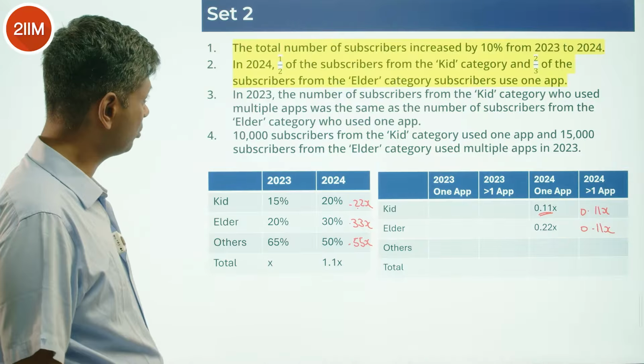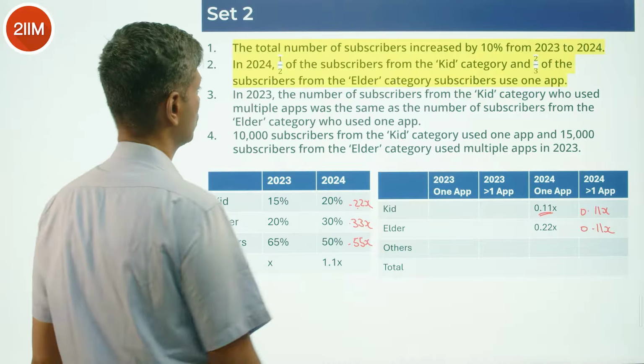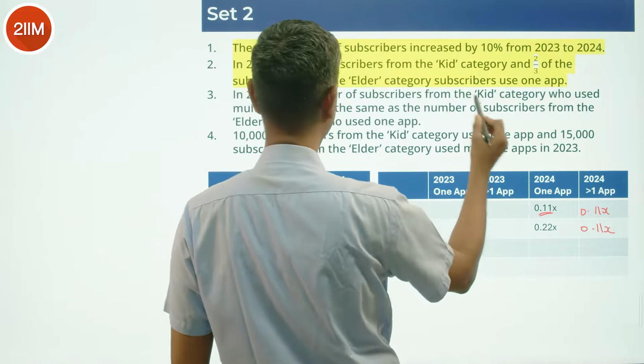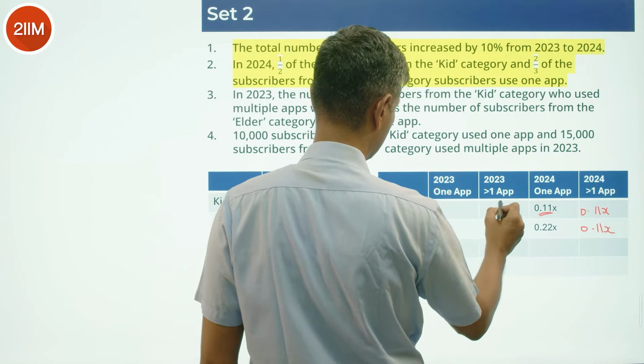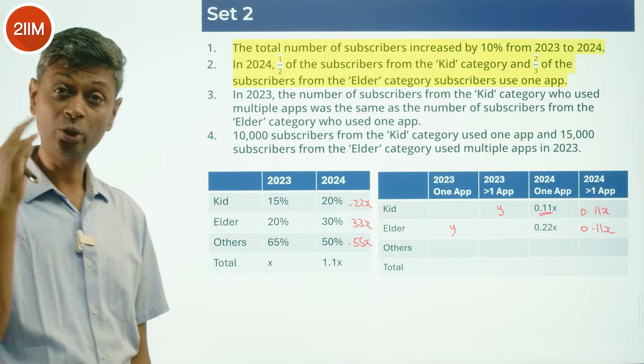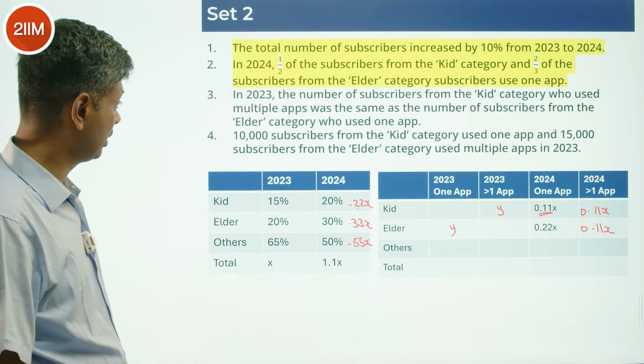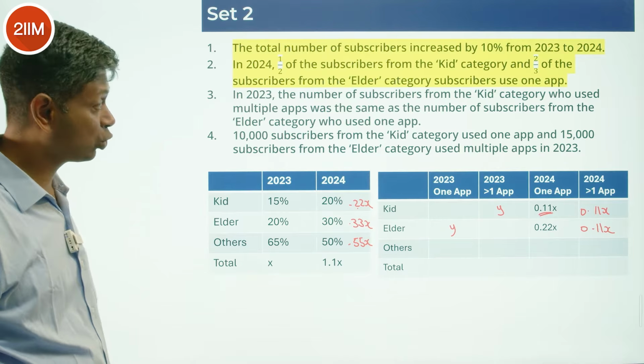In 2023, the number of subscribers from the kid category who use multiple apps is the same as the number of subscribers from the elder category who used one app. This is Y, this is Y. In 2023, 10,000 subscribers from the kid category used one app and 15,000 from the elder category used multiple apps.